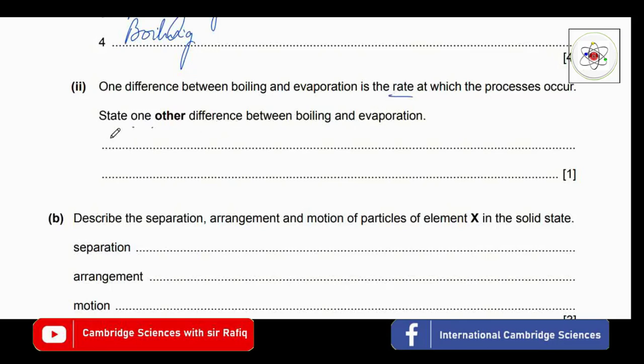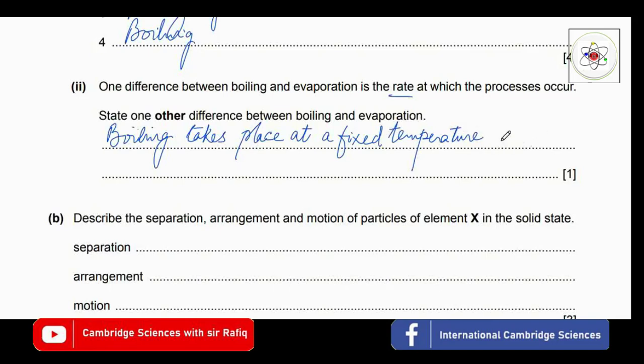So instead of the rate, you have to give one other difference, and that can be: boiling takes place at a fixed temperature, which is in fact the boiling point of that liquid, while evaporation takes place at any temperature.